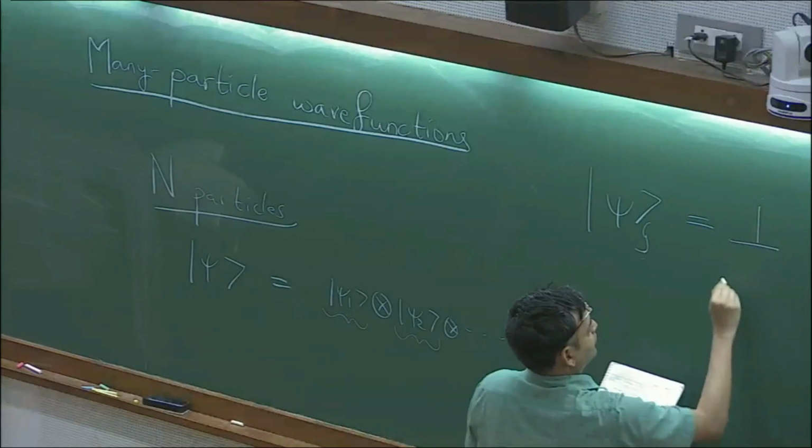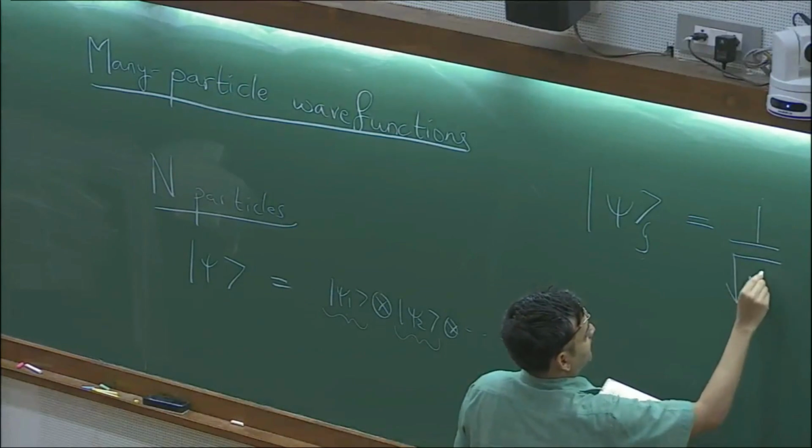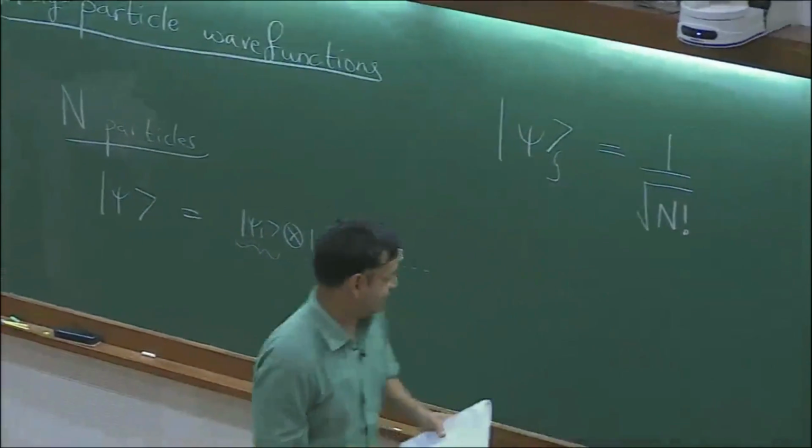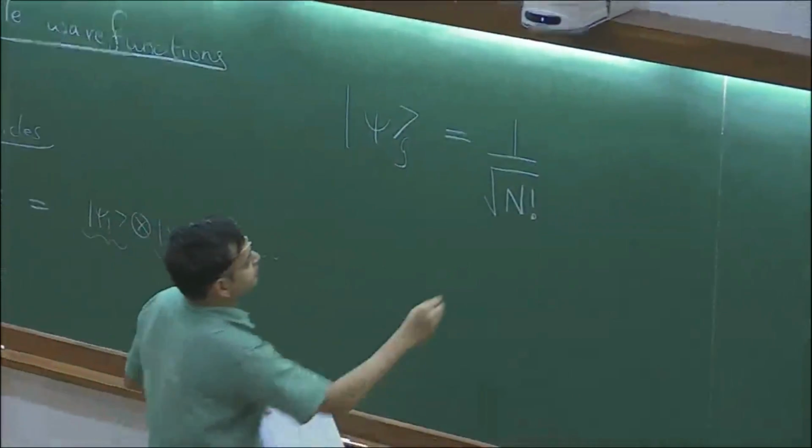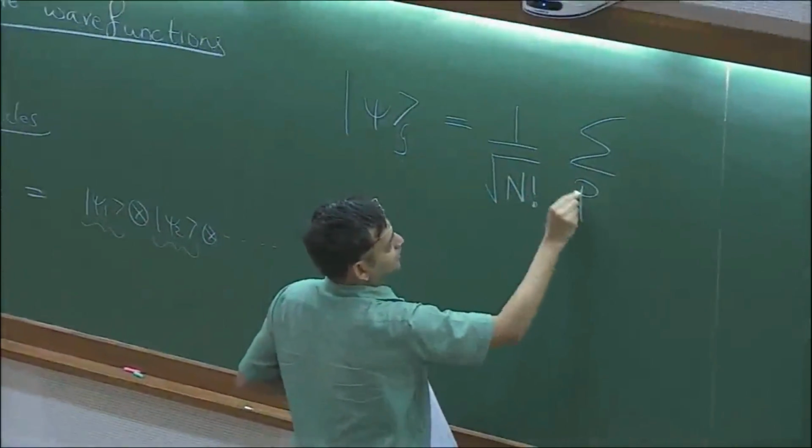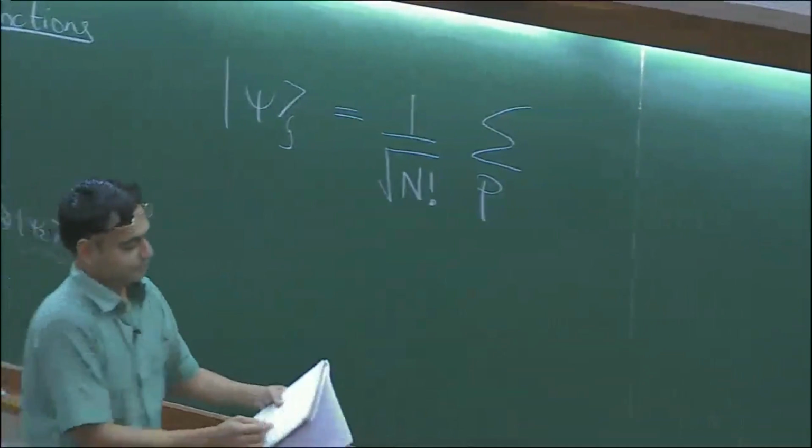That's 1 over square root n factorial. If there are n slots, sum over all permutations of n labels.